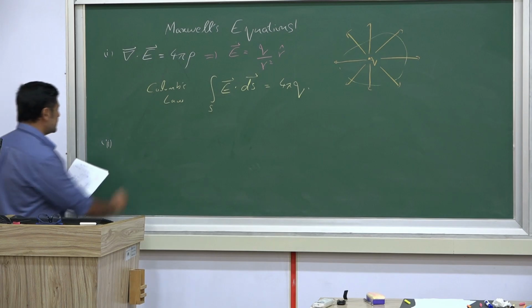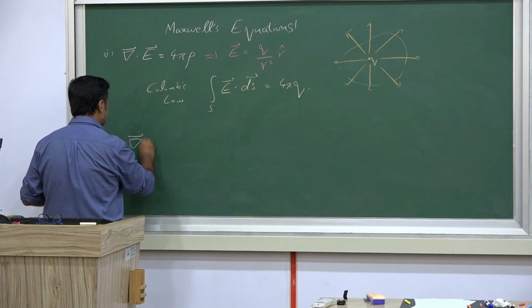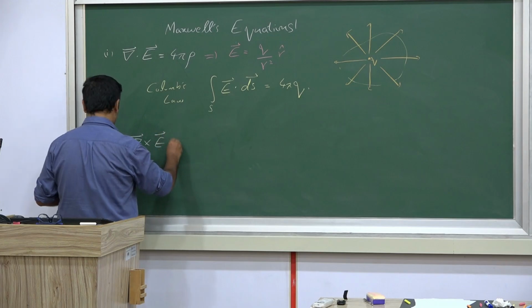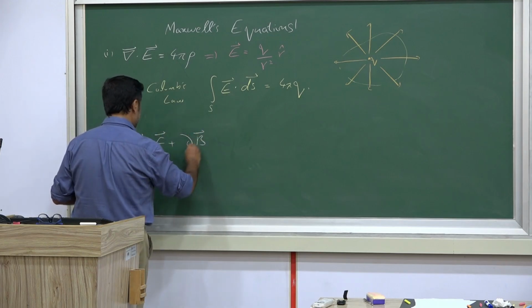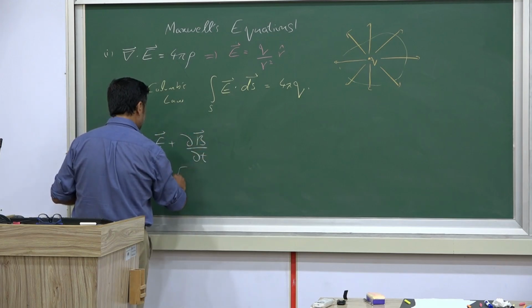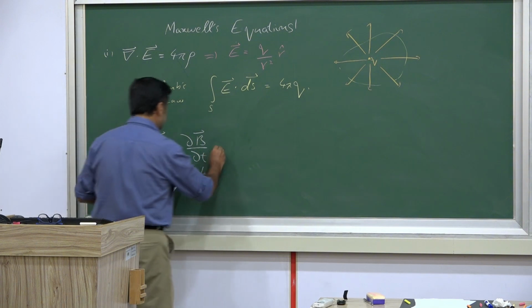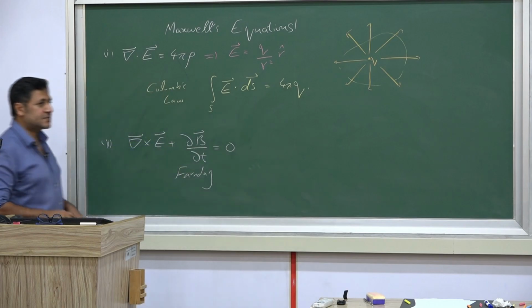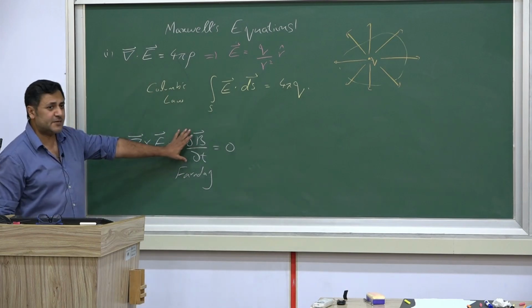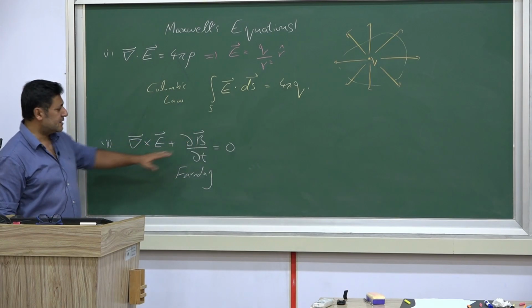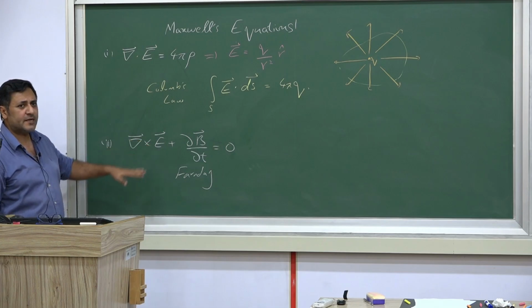Then there is Faraday's law. What this is essentially saying is that when you have a changing magnetic field, it gives rise to some curling electric fields.